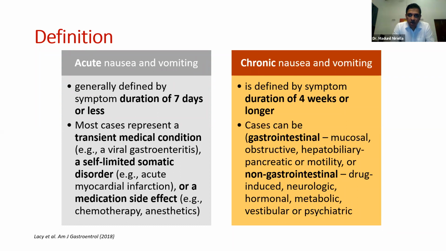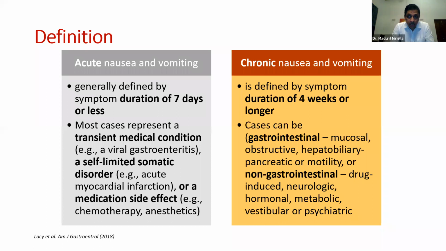Acute nausea and vomiting, which I will not be discussing today, is generally defined by symptom duration of 7 or fewer days. The most common cases represent either a transient medical condition like gastroenteritis, a self-limited somatic disorder like a myocardial infarction, or medication side effects such as chemotherapy or anesthetic drugs.